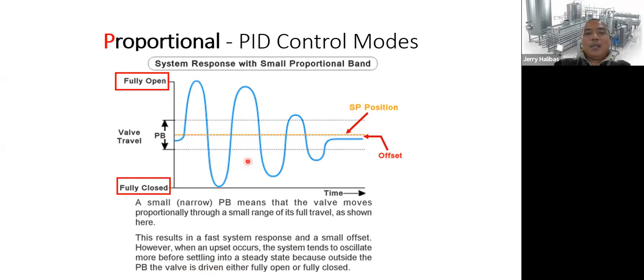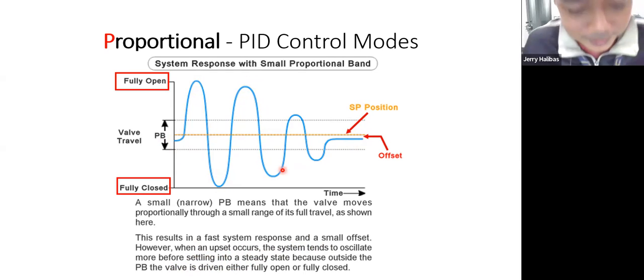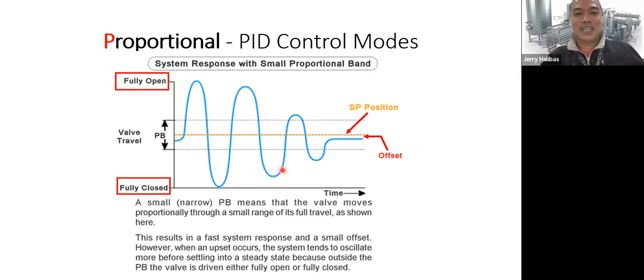It is like in an elevator, before you reach your destination floor, the car swings up and down, and you feel dizzy, so it is not good. That happens when you have a small proportional band: it oscillates.